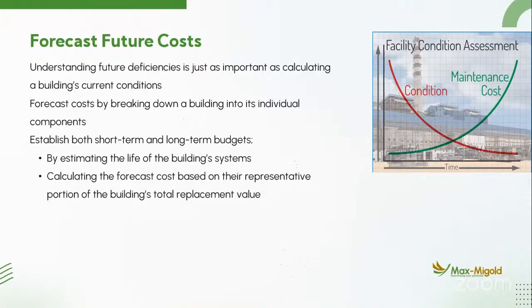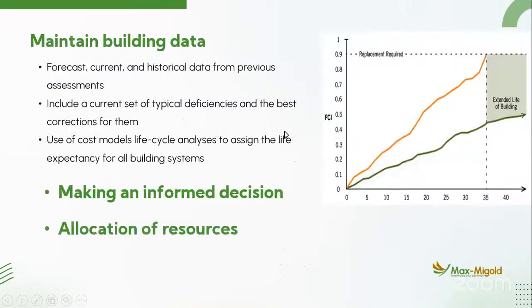Then it helps you to establish both short and long-term budgets by estimating the life of the building system, calculating the forecast cost based on the representative portion of the building's total replacement value. Your condition assessment also helps you to maintain building data, because the information you have at hand is first-class information that you get out of your physical assessment of the building.